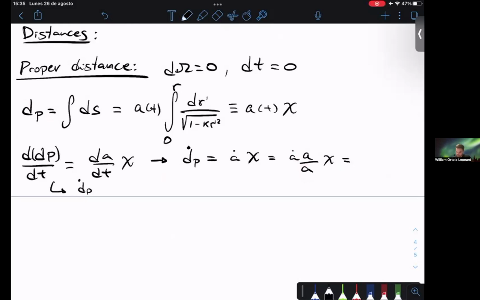So now what we end up finding again is basically the Hubble parameter as a function of t times the proper distance. So what do we have again? We have some physical velocity being equal to the Hubble parameter times the proper distance, which in this case is going to represent the physical distance that we see from us to a specific object.